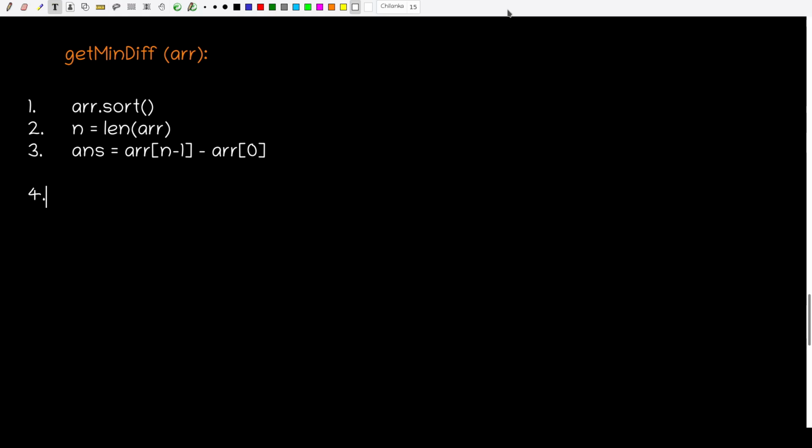After this, we are going to iterate on the elements of the array. So for I in range of 1 to n, let us compute the height of the smallest tower.